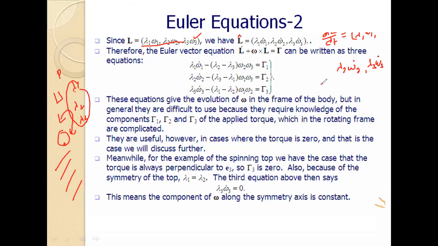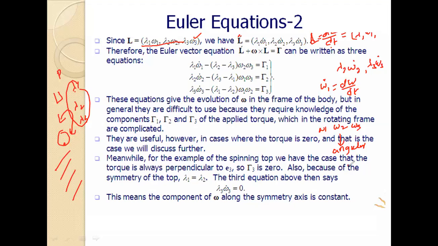So omega 1 dot is d omega by dt, the first derivative. So L prime, dL by dt, is a function of the derivatives of the angular velocities. What are omega 1, omega 2? Angular velocities, right?